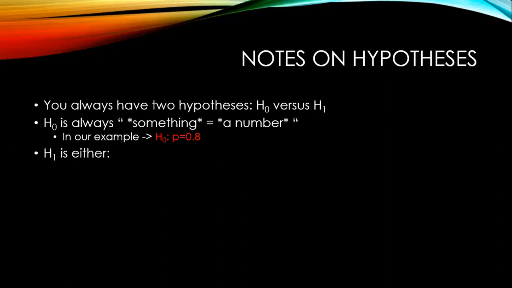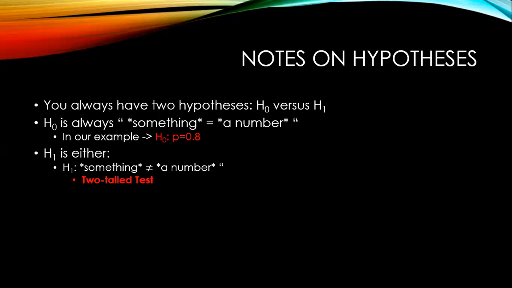Then our alternative hypothesis could be, as I was saying before, one of three options. It could be that something is not equal to a number, like the one I just showed you on the previous slide, where we said the proportion was not equal to 80%, not equal to 0.8. That is called a two-tailed test, another technical term.